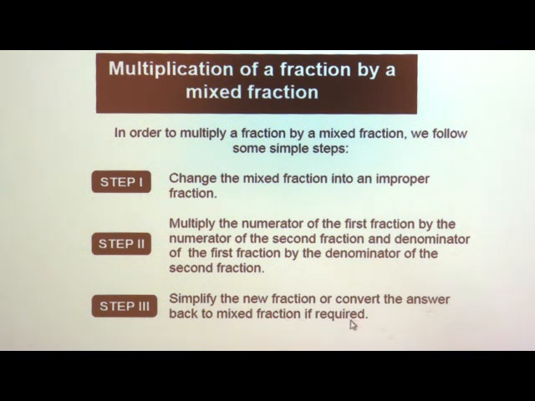Here we already did this in addition and subtraction. When we have an improper fraction, we convert the improper fraction into a mixed fraction and we get the answer. So these are the three steps we have to follow for multiplication of a fraction by a mixed fraction.